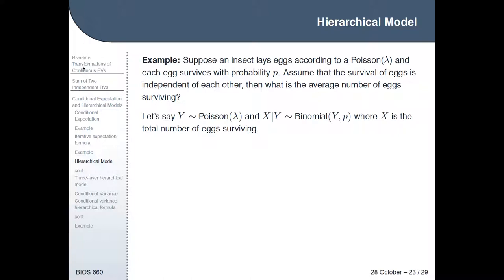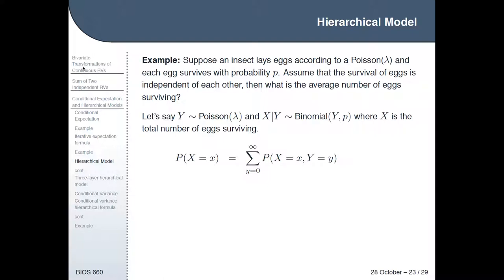So then we know that the distribution of y, which is the number of eggs that the insect lays, is Poisson, and x is the total number of eggs surviving. The distribution of x by itself is kind of difficult to calculate, but we know that the distribution of x given the number of eggs, or given y in that case, is binomial with number of trials y and probability of success, which in this case is the probability of survival p.